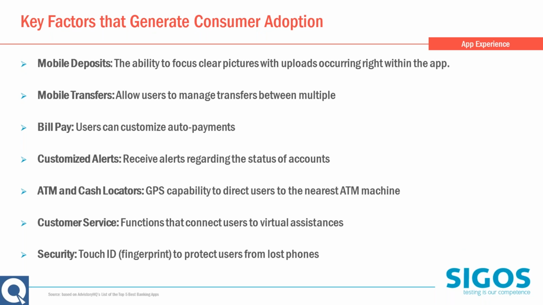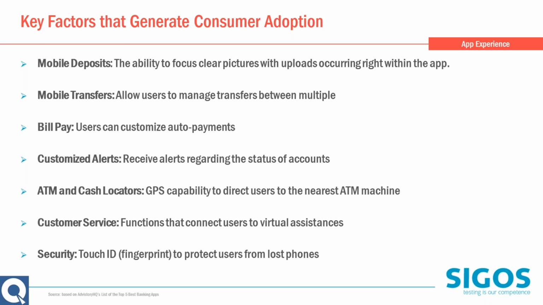In addition to finding a balance between innovation and compliance, development teams also need to understand what key factors drive adoption. And here we see a list of the most desired consumer features since 2016. So financial institutions that provide these great features excel with their mobile apps.